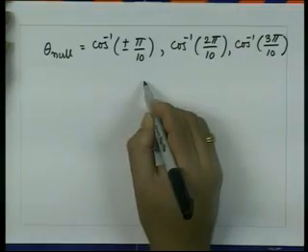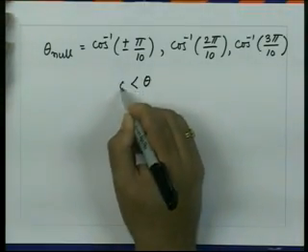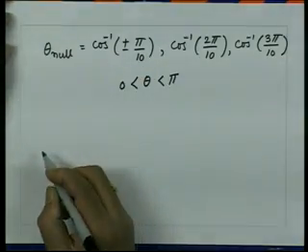And as is given, theta lies in the range 0 to pi. So from here we can find out the corresponding values of theta.